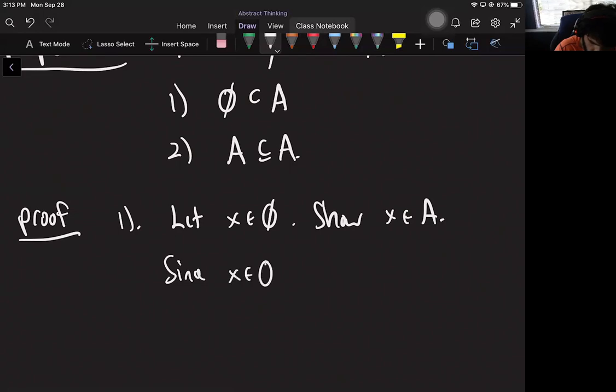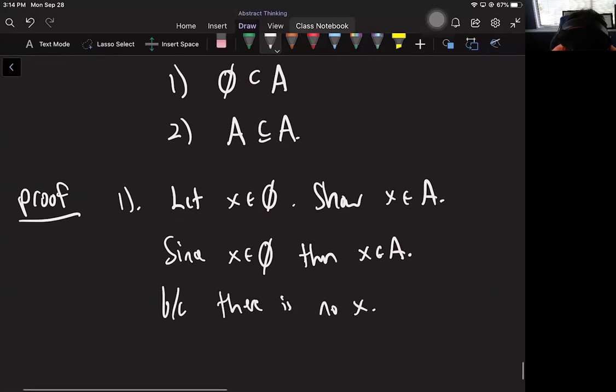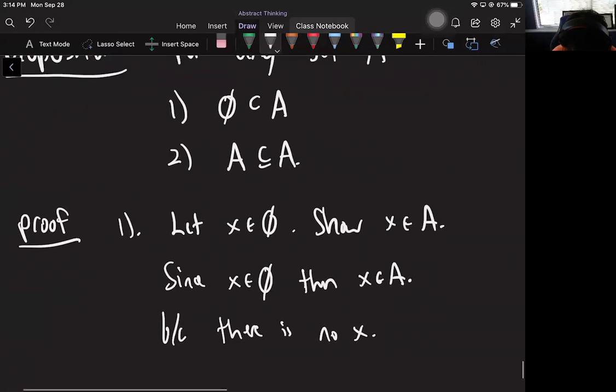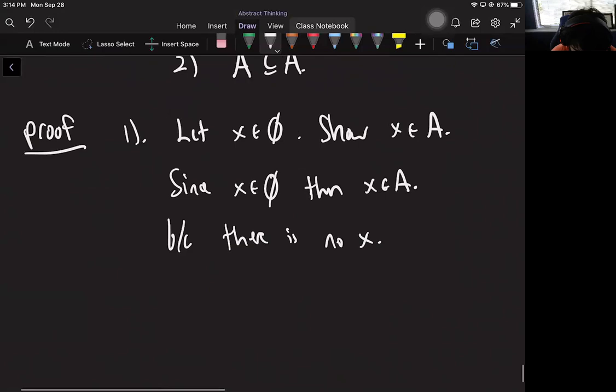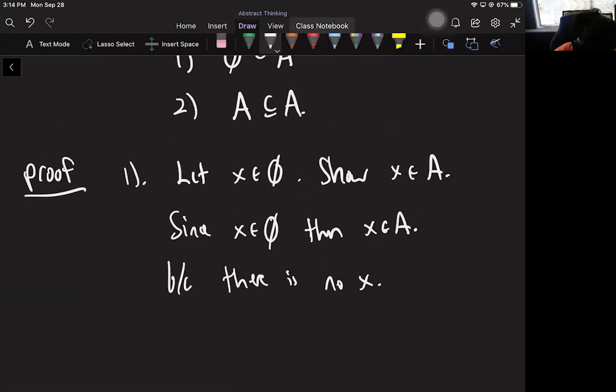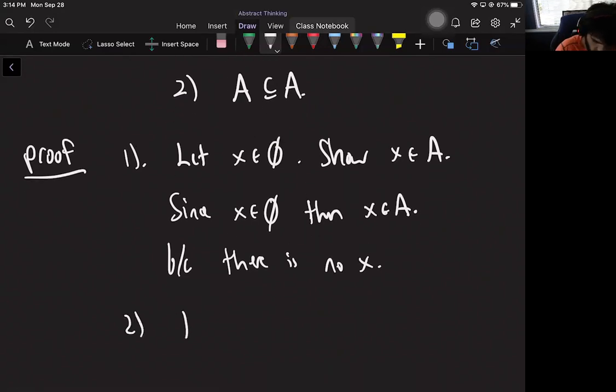Since X is in the empty set, all of nothing I have is in A. And it's because there is no X. So it's true when I say that everything in the empty set is in A. Yes, all 0 things that I have in there are definitely in A because there's nothing in there. So it's one of these vacuous truths. Two is true just because if you let X be in A, then it's in A. So that's the definition of a subset.